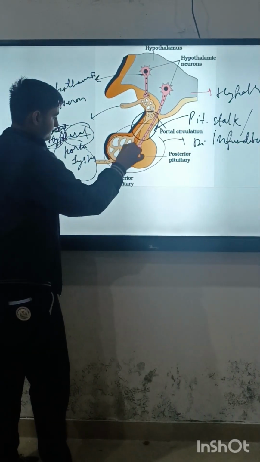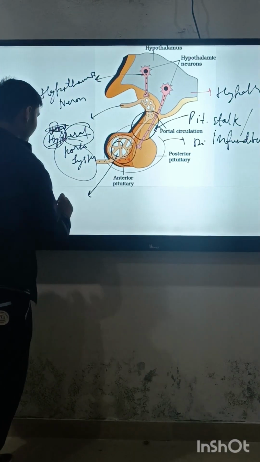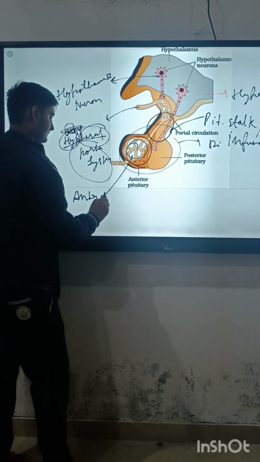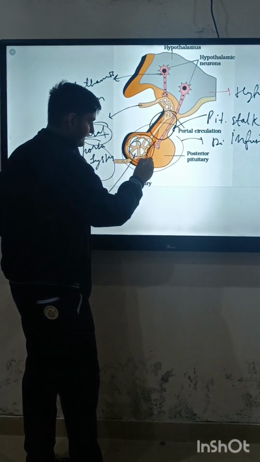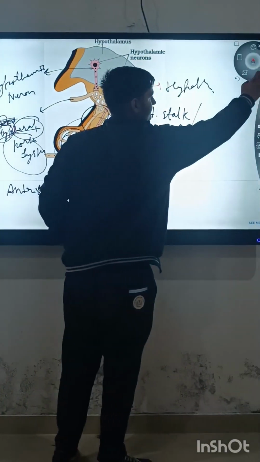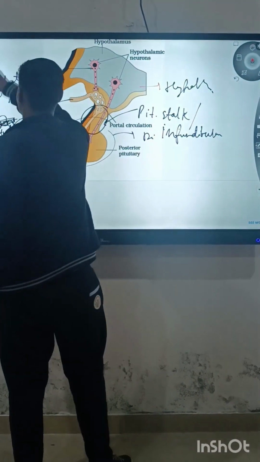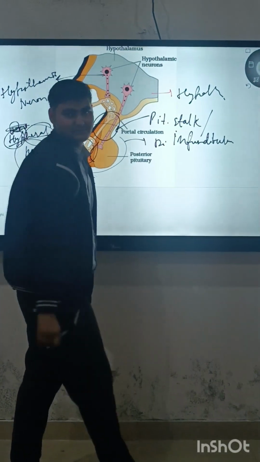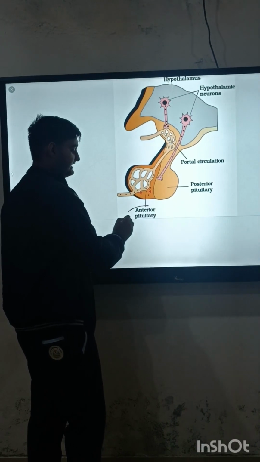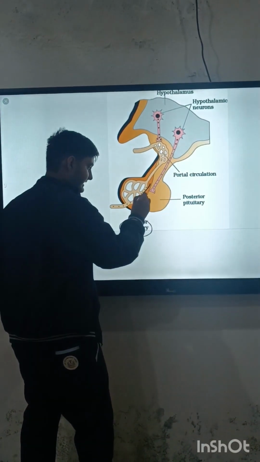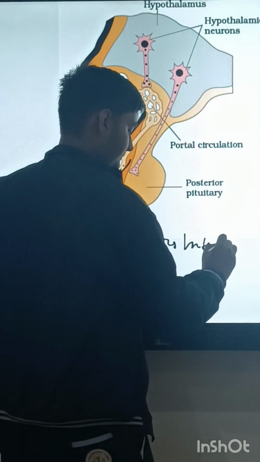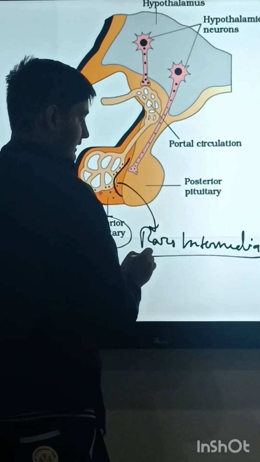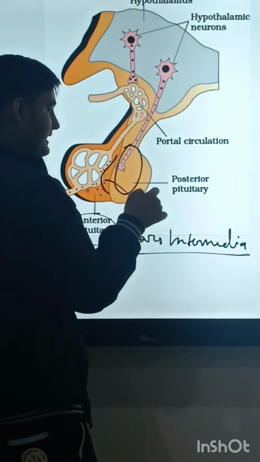This part of the pituitary is known as the anterior pituitary, and here in children there is one more part, which is known as pars intermedia. And this smaller portion of the pituitary is known as the posterior pituitary.